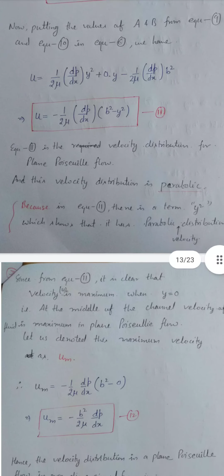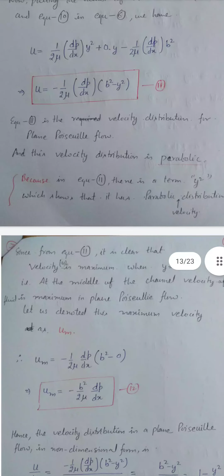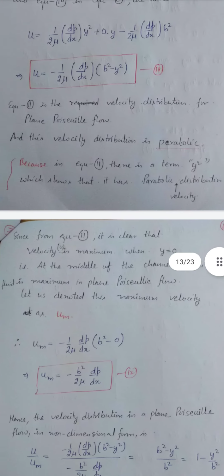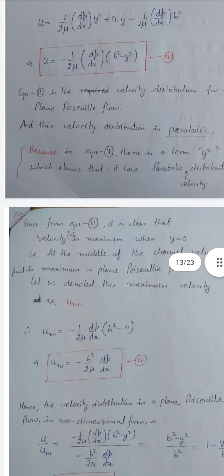And this velocity distribution, look students, b square minus y square is coming, so what is this? This is parabolic, because in equation 11 there is a term y square which shows that it has parabolic velocity distribution.